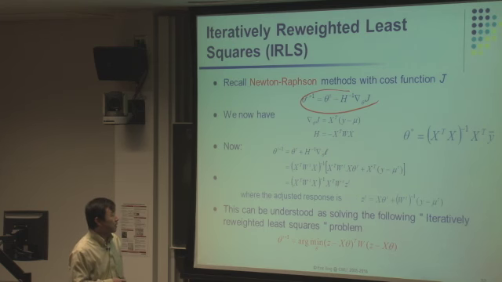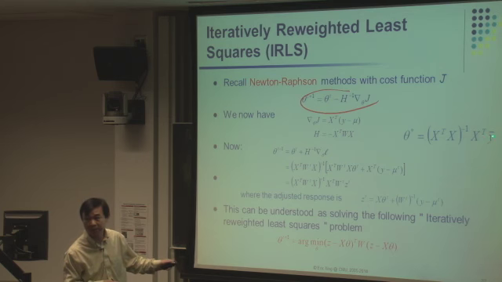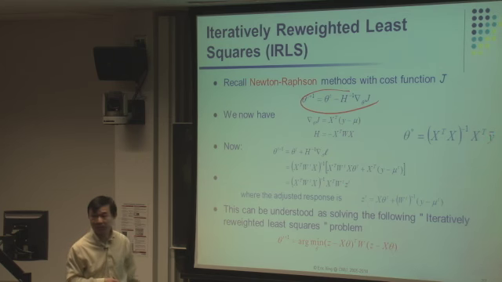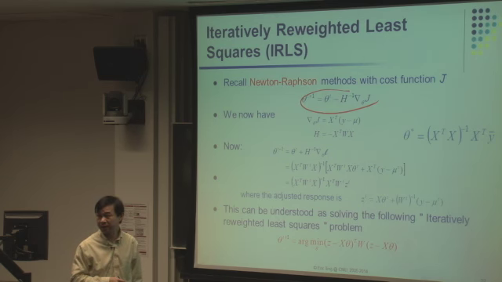If you compare this one and that one, you will see they are symbolically very similar. Y here, the true response, is now replaced by the reweighted response. The original design X is now replaced by the weighted design.